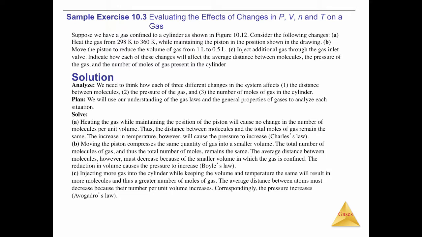And if we think about the following changes occurring, if we heat the gas that's in the piston from 298 Kelvin to 360 Kelvin, while maintaining the piston in the position shown in the drawing. So we're keeping the volume constant. We're not allowing the piston to move up or down, but we are changing the temperature. We're increasing the temperature. So increasing the temperature would make the molecules move faster. There would be more collisions.